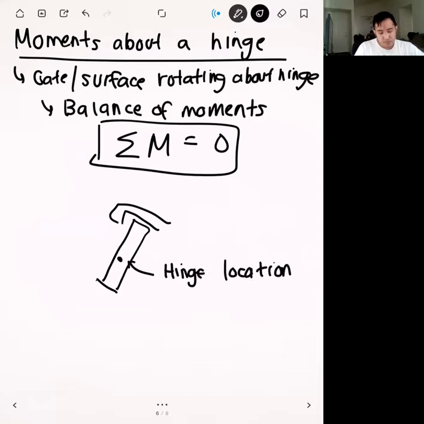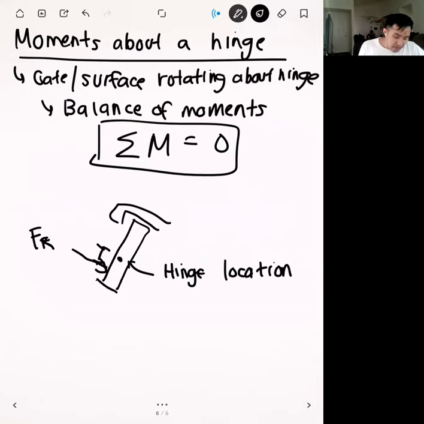All right. And so in order to maintain static equilibrium, the sum of all the moments here equals 0. So there are two forces acting on this hinge that produce a moment. First of all, we have a force that comes from the static fluid, and the static fluid is going to produce a moment. Remember, the way that you compute moments is you simply take the force and multiply it by the distance to the hinge.